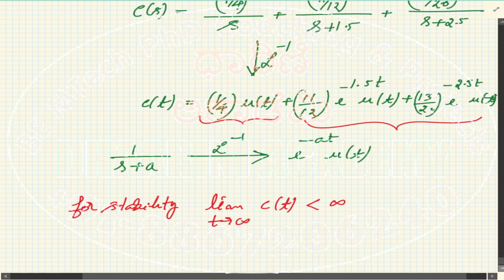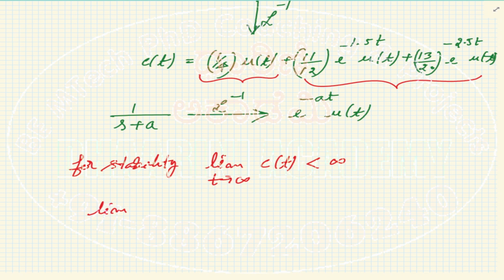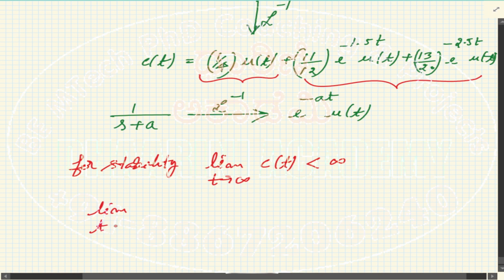Should be a finite value. Let's check that. So this means let's apply limit t tending to infinity. Limit t tending to infinity c of t in the above equation, right? So this c of t is what I'm trying to find out.